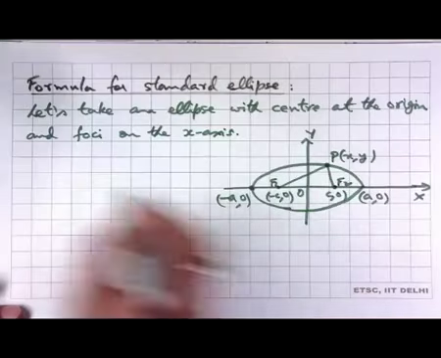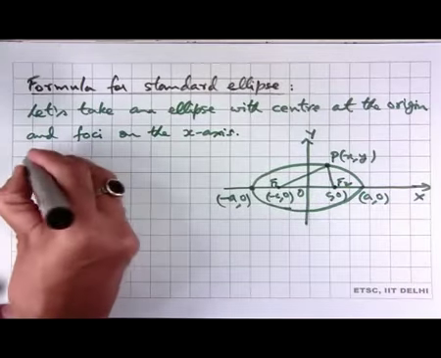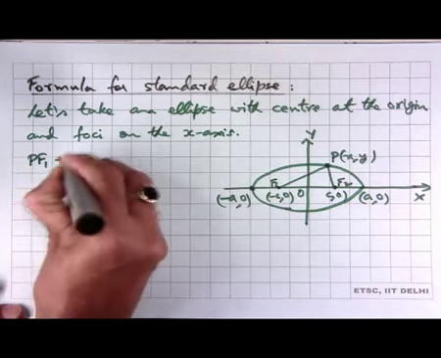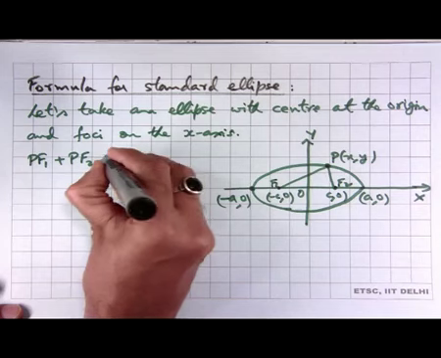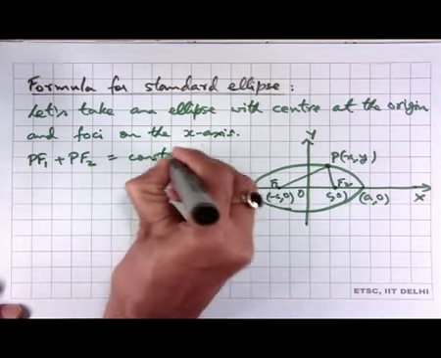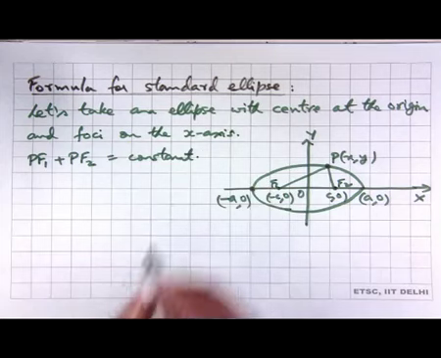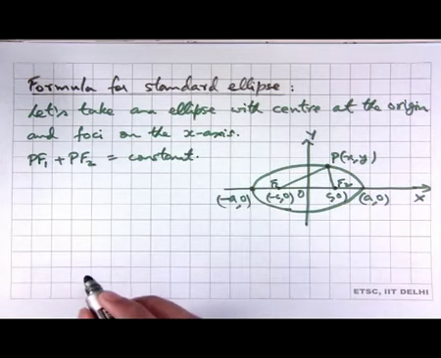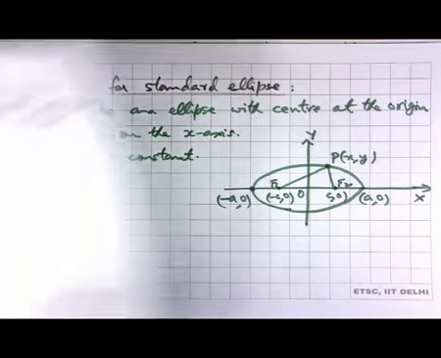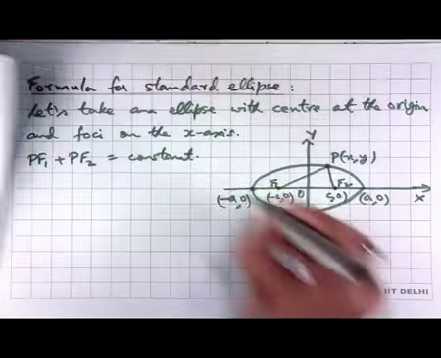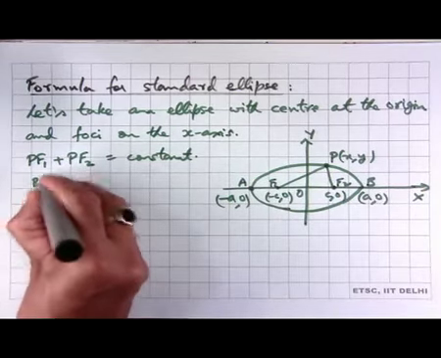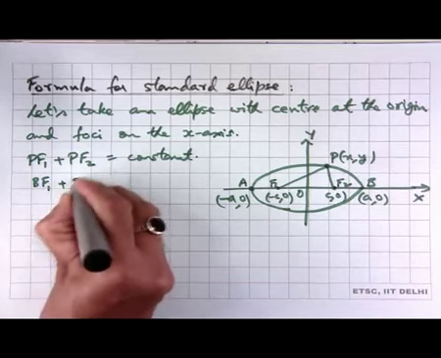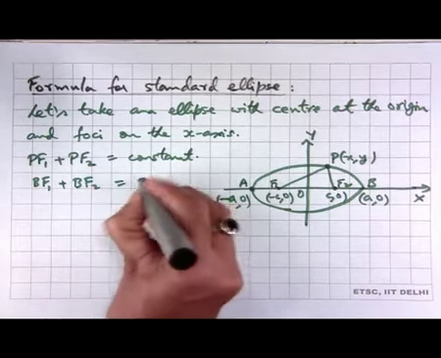Okay, so we know that PF1 plus PF2 is a constant, and we have already calculated in the previous slide, if we take this point B, if this is a and b, then BF1 plus BF2 we calculated is equal to 2a.